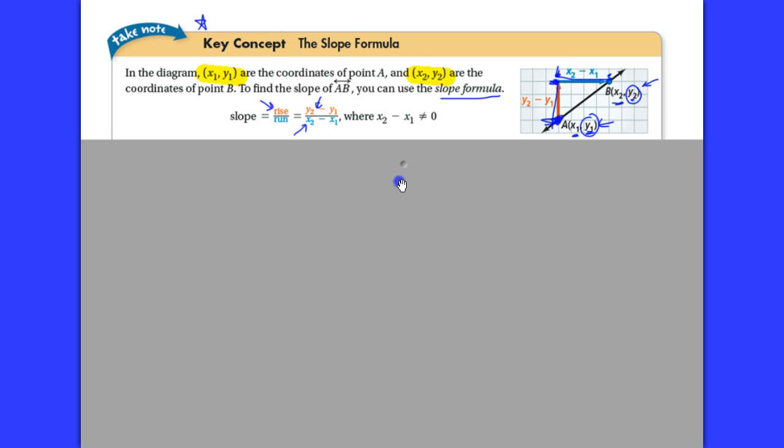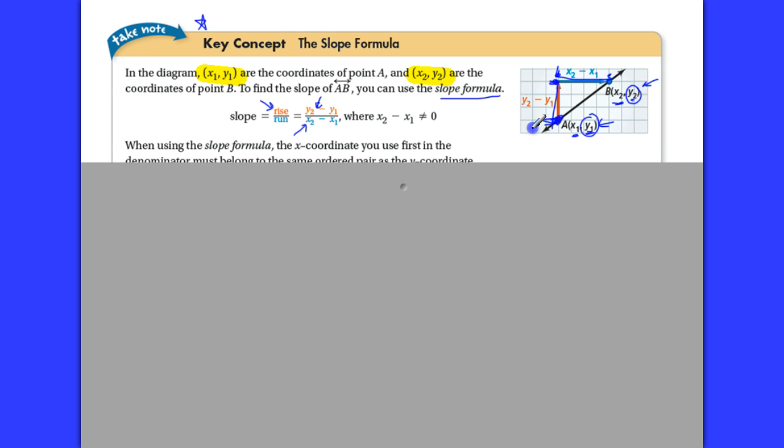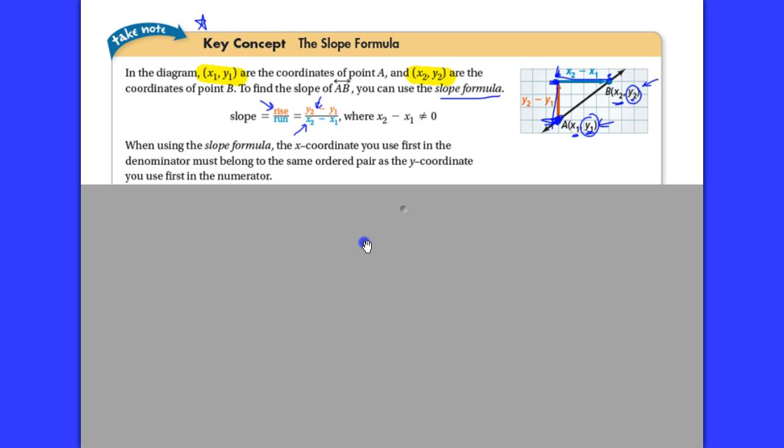So we can actually figure out what the slope is without the graph, because sometimes I'm not going to give you the graph, and I'm going to give you hard points where you wouldn't be able to graph them. I might give you decimals or something like that. So you have to be able to take 2 points, use this idea, and find the slope.